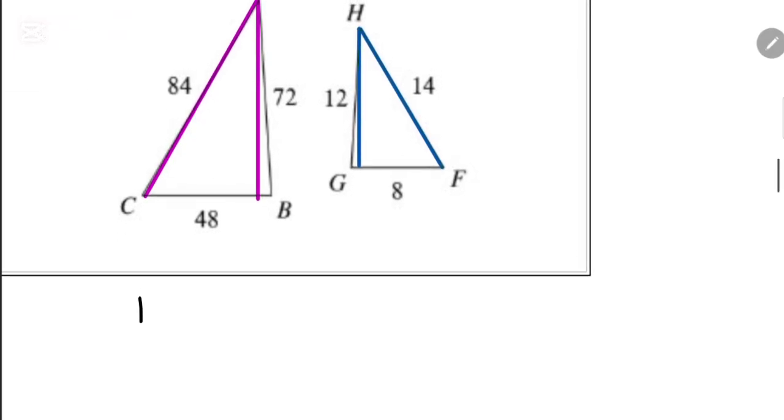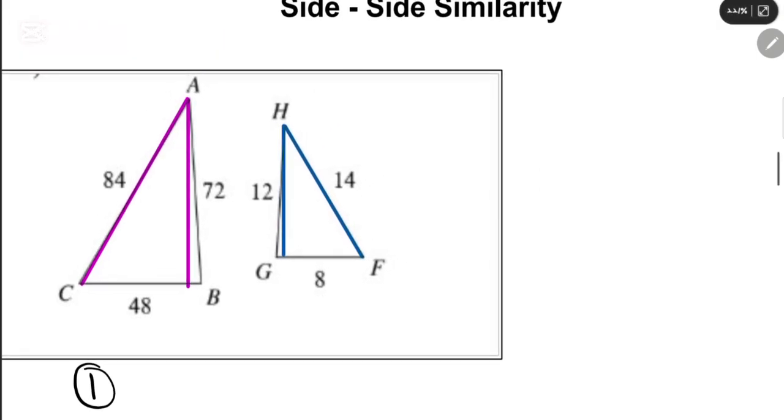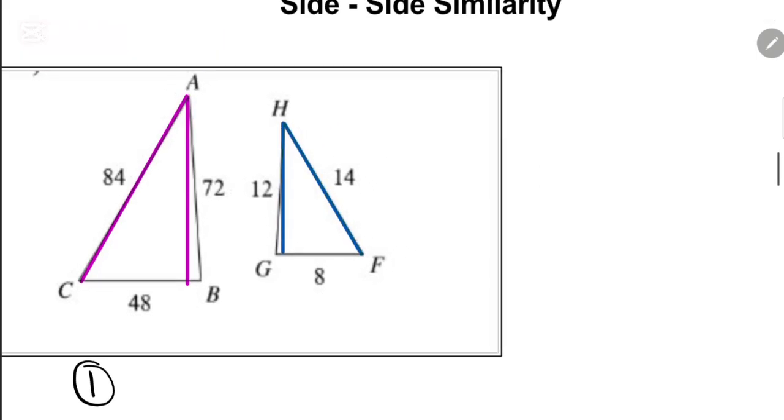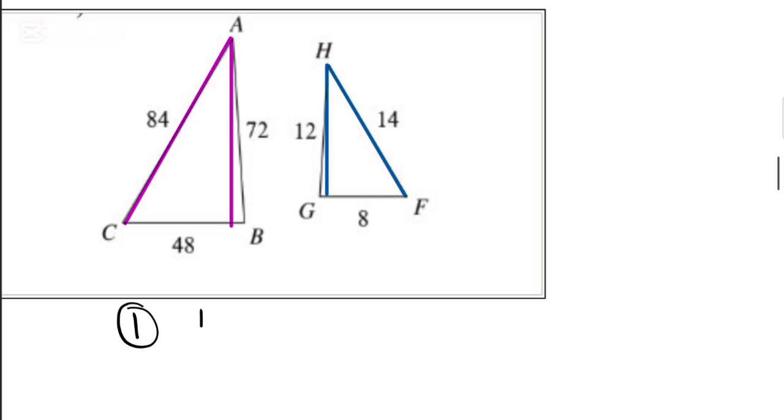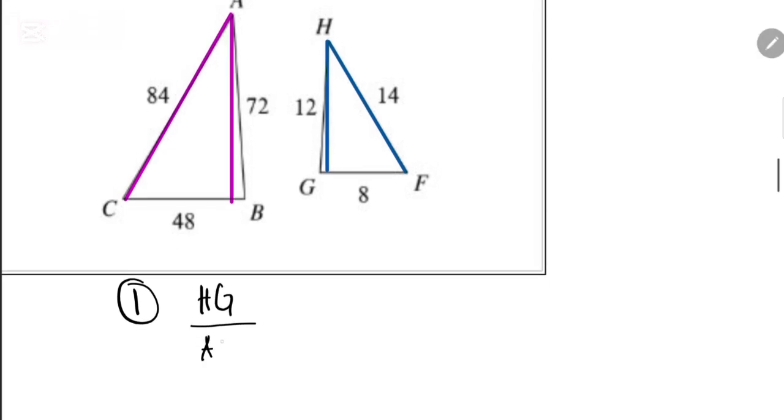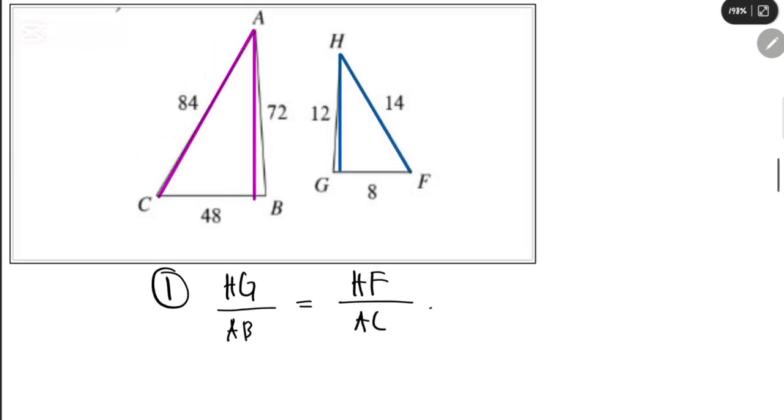Okay. So first thing you have to know is that side-to-side similarity means that HG over AB is equal to HF over AC. That's what it means, right?